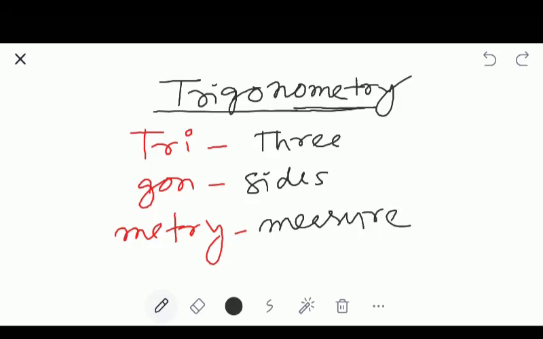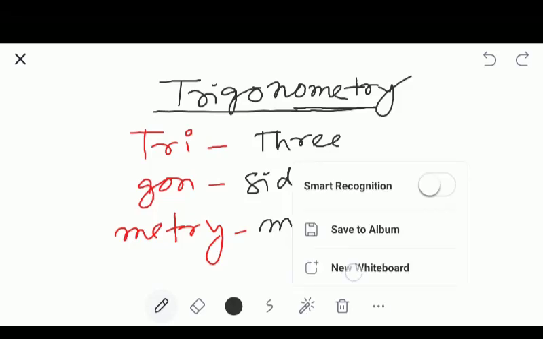Okay, so what is the use of trigonometry in our daily life? So let's see. Suppose there is a building. Let's assume that it has a height of 40 meters, and there is a person sitting at the top of the building, and there is a point named A, and the person is watching the point.